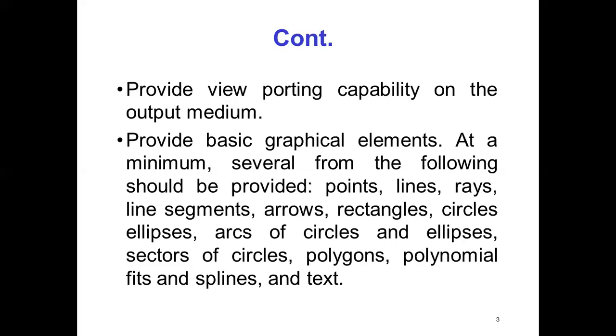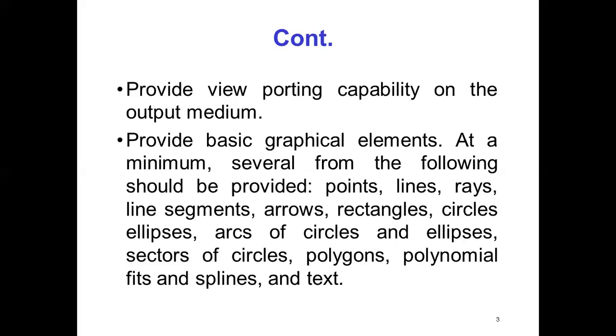Another requirement is that it must have a number of graphical elements. You can see on the menu bar or on the left hand side in the graphics package, it must have some sort of icons, so that just by clicking on the point, line, line segment, arrow, etc., we can choose any type of shape, either a rectangle, circle, ellipse, arcs of circles and ellipses, sectors of circle, polygons, polynomials, etc. Also, whenever we want to write any text, we just click on the text icon and then we can write it easily.